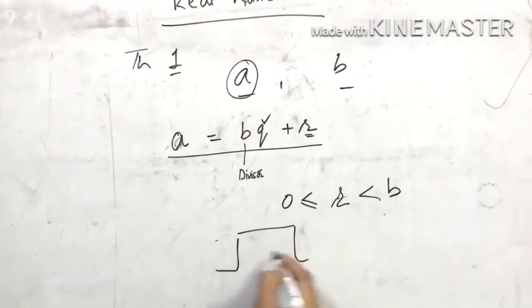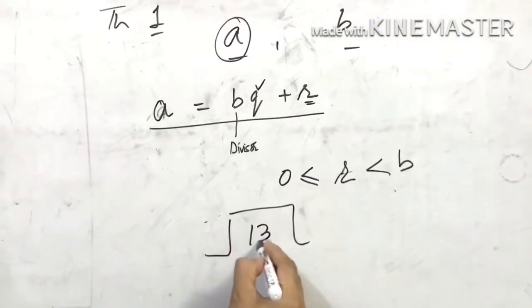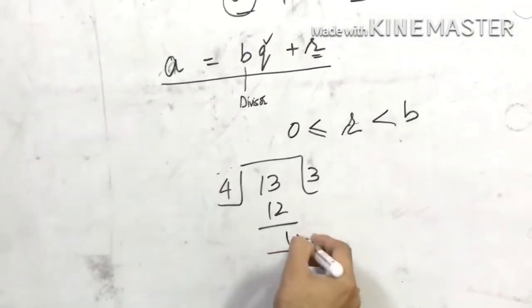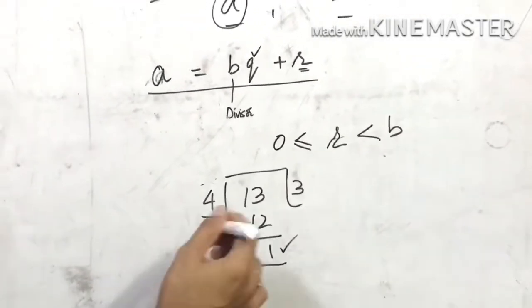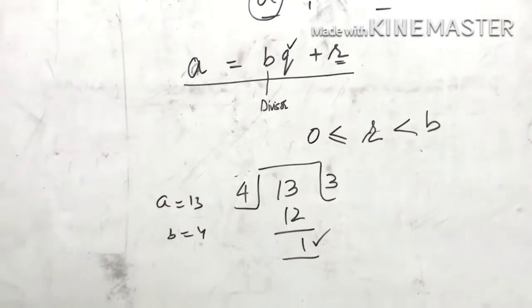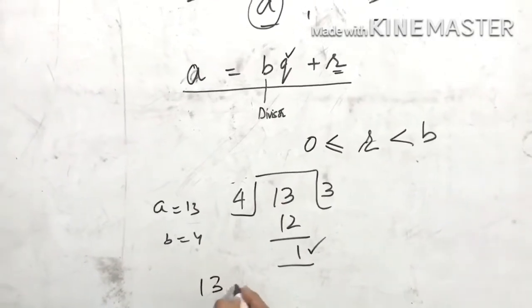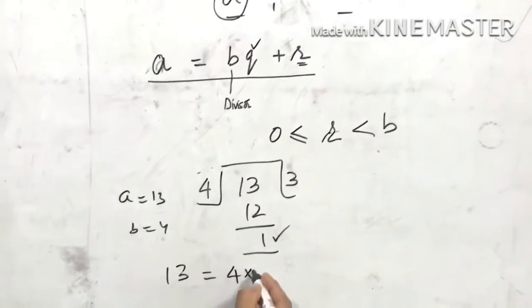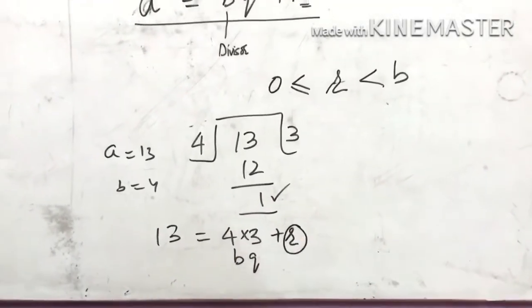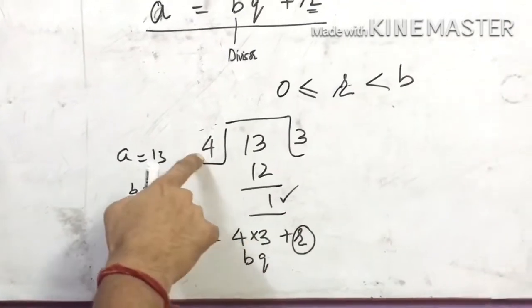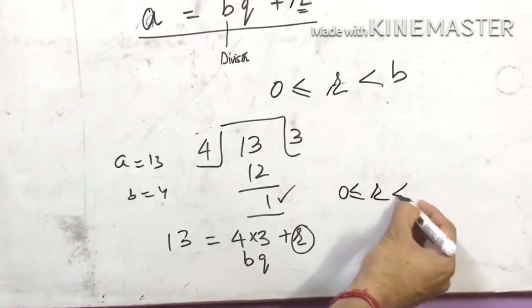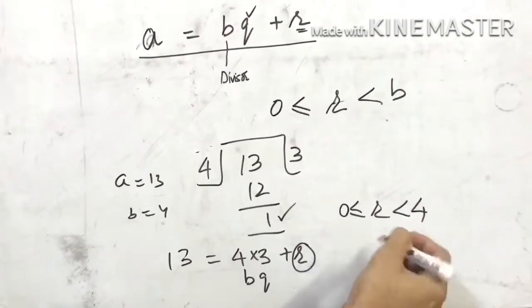Why? Suppose you are dividing 13 by 4. This is your remainder. If a is 13 and b is 4, how can you write it down? a is equal to 4 into 3 plus r, and because you are dividing by 4, the value of r will be either 0 or less than 4, because it cannot be equal to 4.